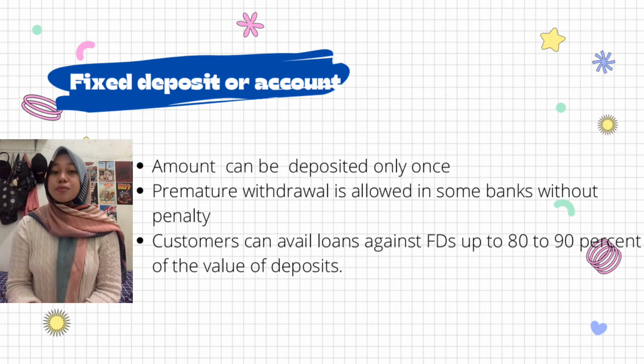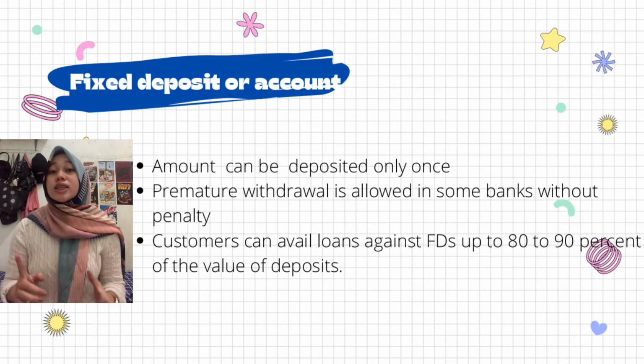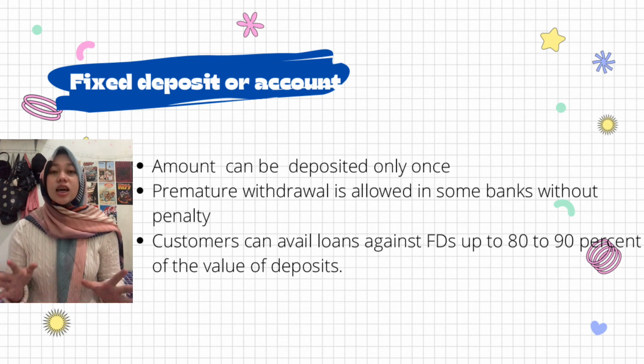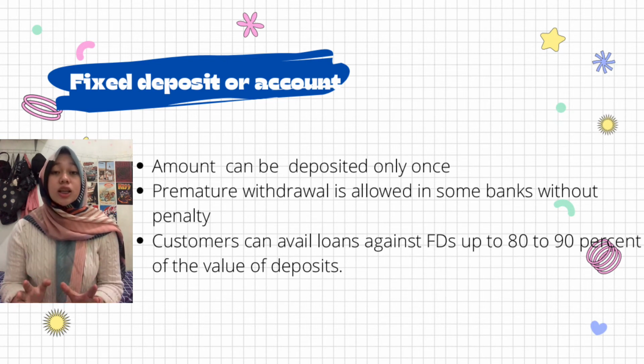And then customers can take advantage of loans up to 80 to 90% of the deposit value. So, how does this work? Firstly, you deposit the money once into the account for a maturity period. Let's say 5 to 10 years. And after that, you can withdraw this amount, which will include your principal as well as interest.